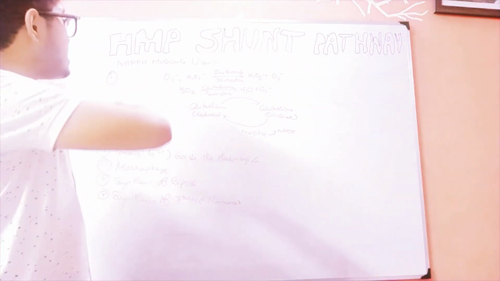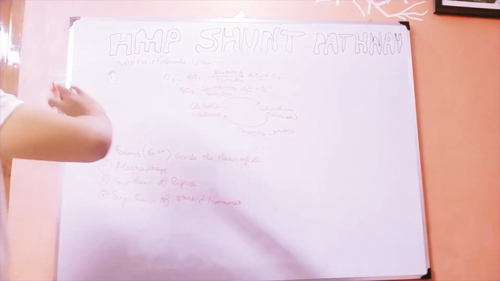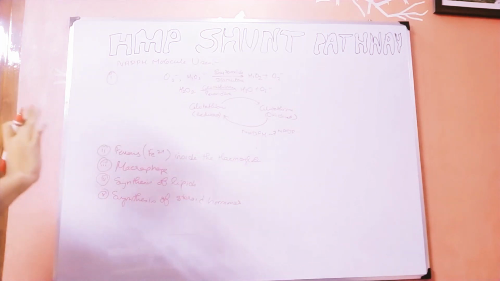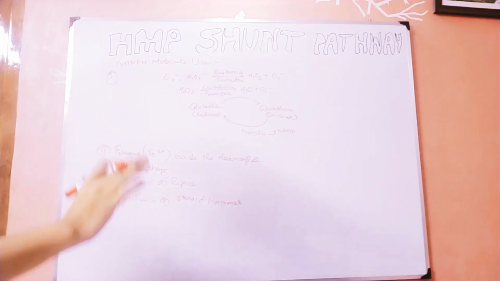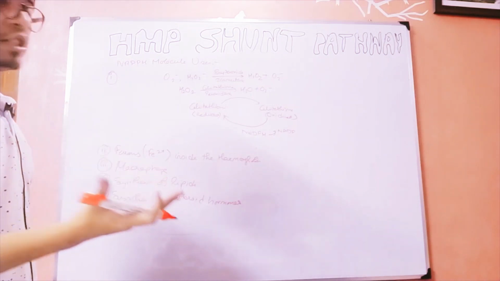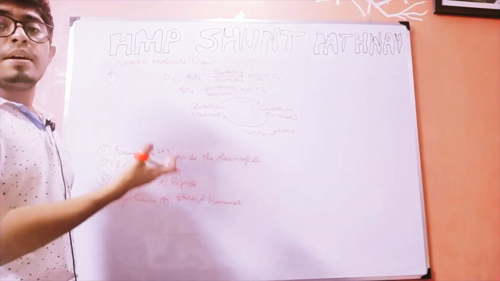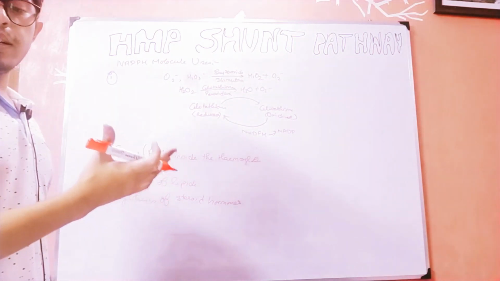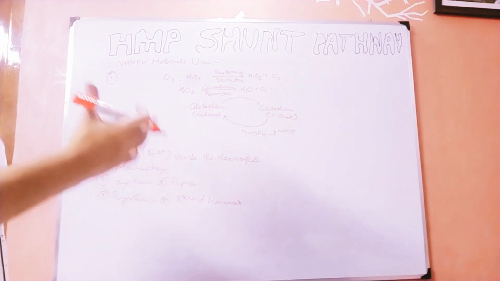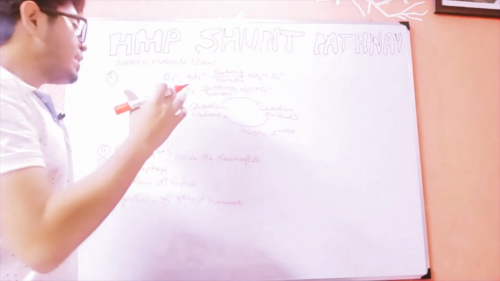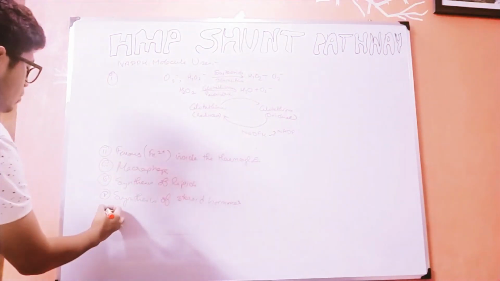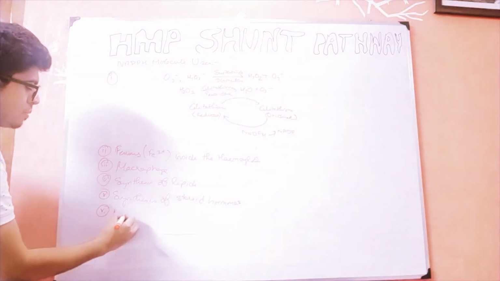So these are the various importances of NADPH which we have come to know. It also helps in free radical scavenging, which is done mostly by macrophages, as we have already discussed, and it also prevents methemoglobin formation.